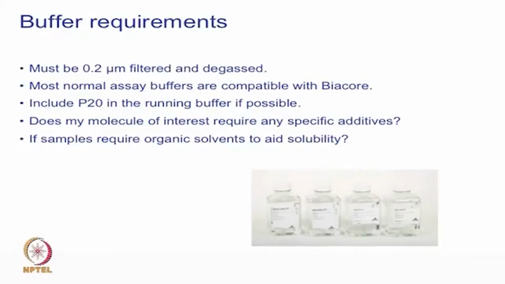The running buffer or sample buffer is a very important area that we need to understand a little bit here. Buffers have to be filtered and thoroughly degassed. Many of the machines have a degasser and a filter available in the system, but we can also filter and degas them prior to experimentation.